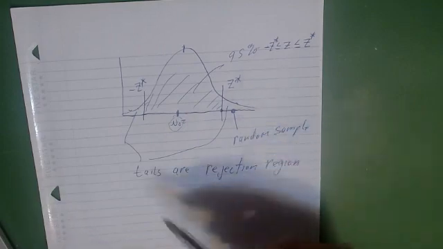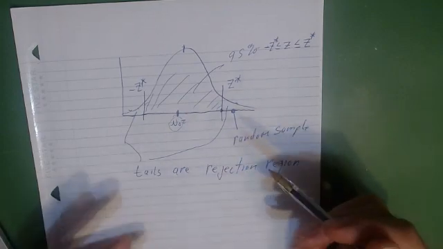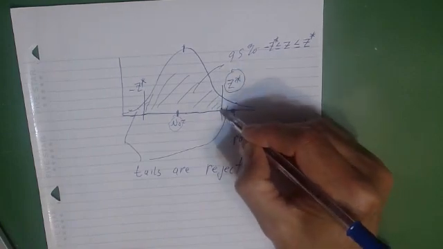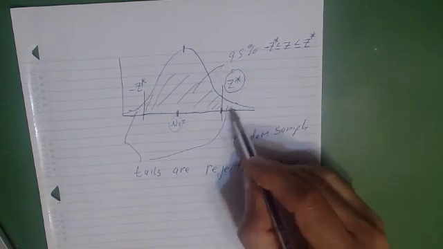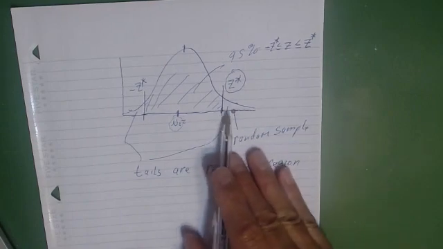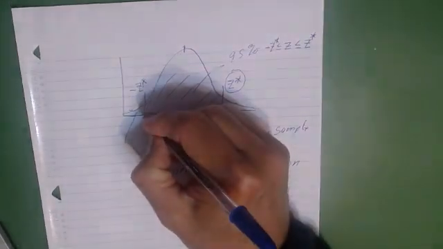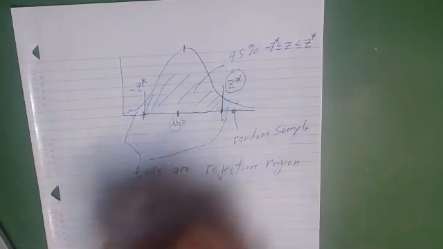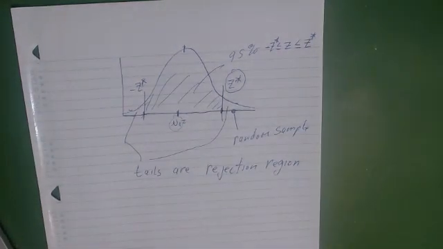And who says what the tail is or where the tail is? This does. This tells you at what point we're going to start counting at. We're going to count everything after this as in the tail, and we're going to count everything below this one as in a tail. So that's what this statistical test is.